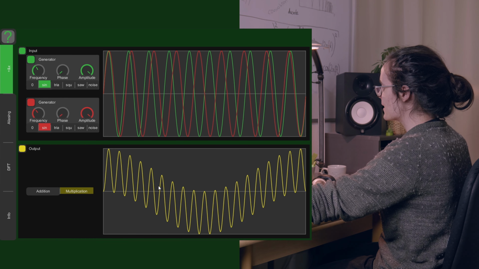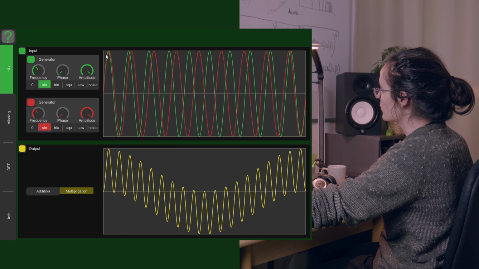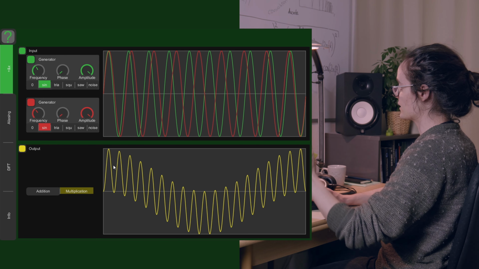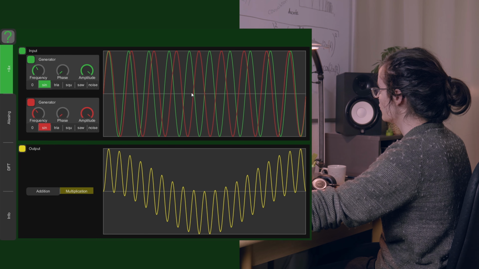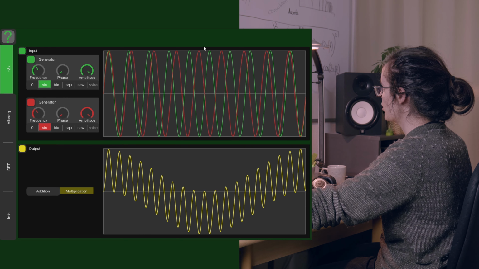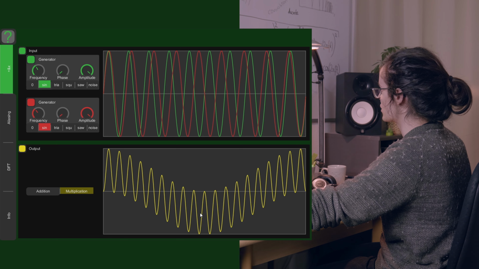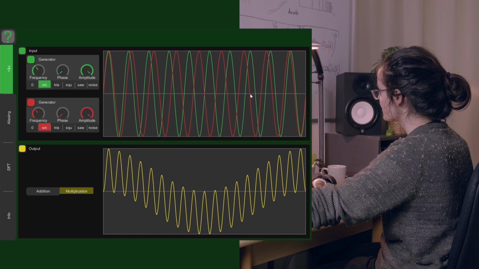Well, that is the case because when we look at it right here, both frequencies again are in phase, so we get a positive offset. When they are right here, they are perfectly out of phase, so we get an offset in the negative direction.